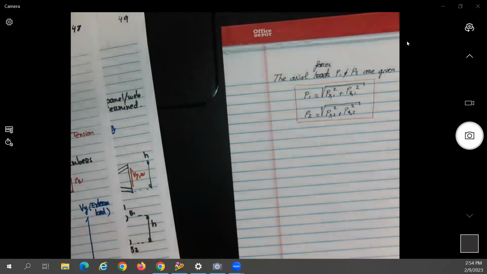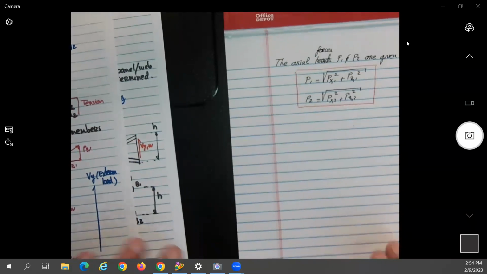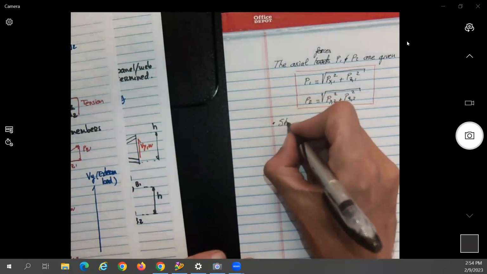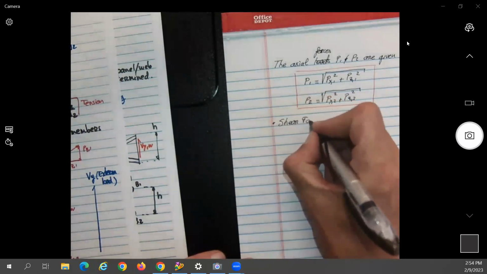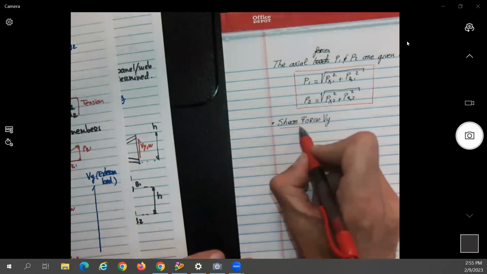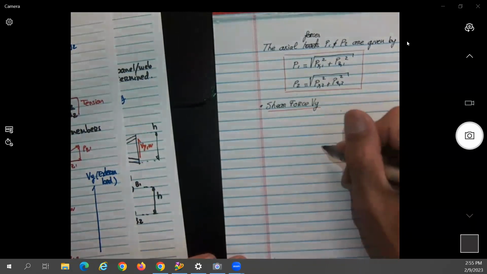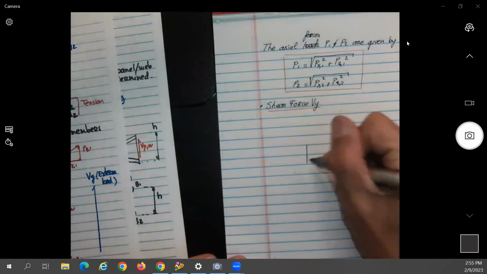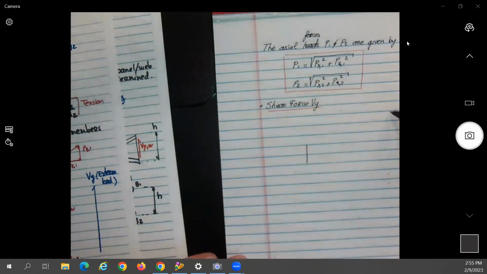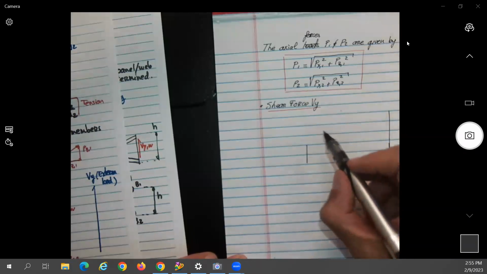Okay, so let's look now at the shear force. So now let's put here shear force Y. Again, I'm going to do a figure. This time, what you need to do in this figure is to really exaggerate the thickness of the flanges.